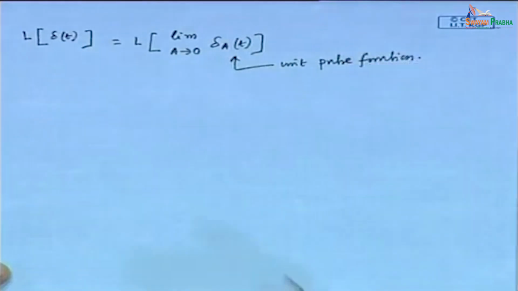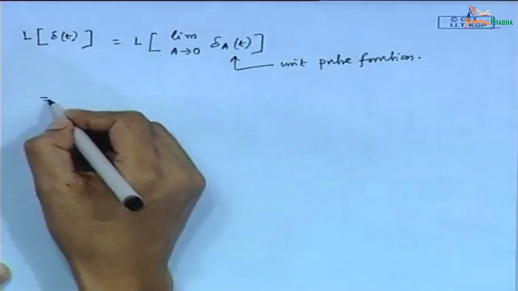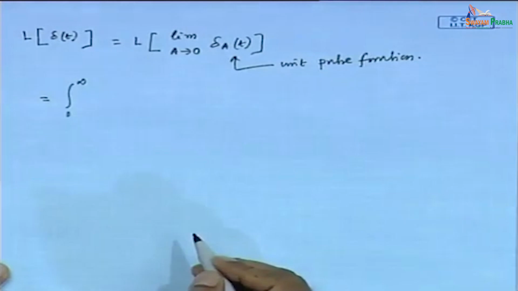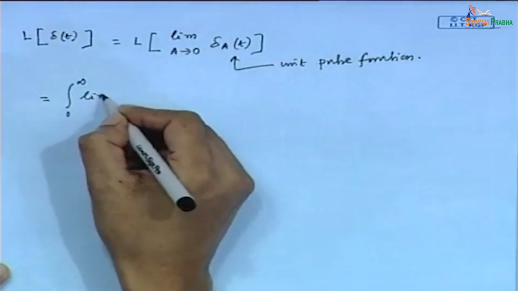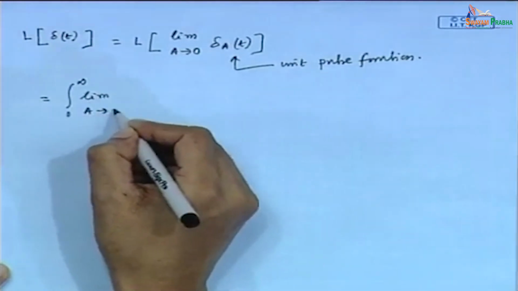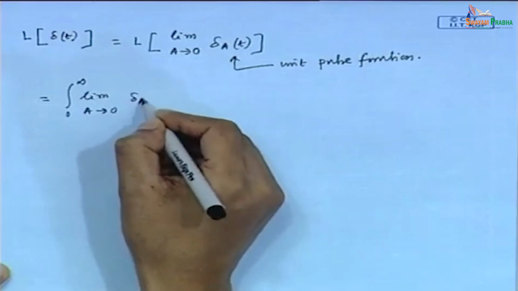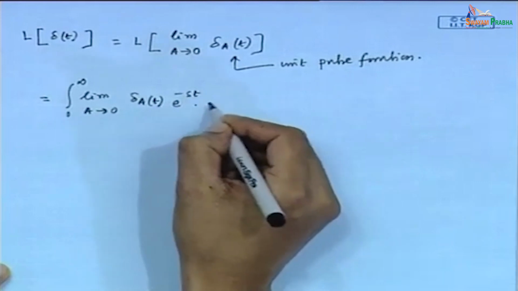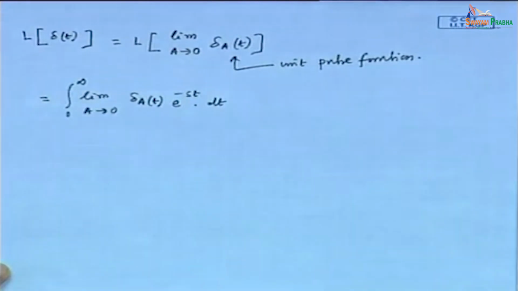That means integration 0 to infinity, limit a tends to 0, del a t e to the power minus s t dt.